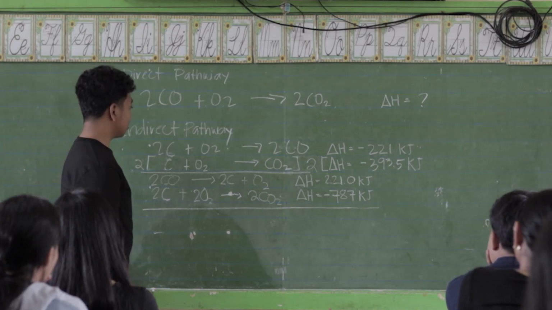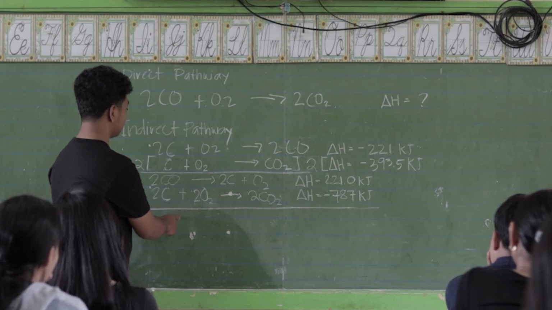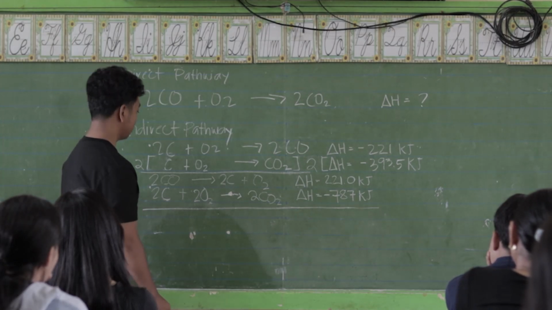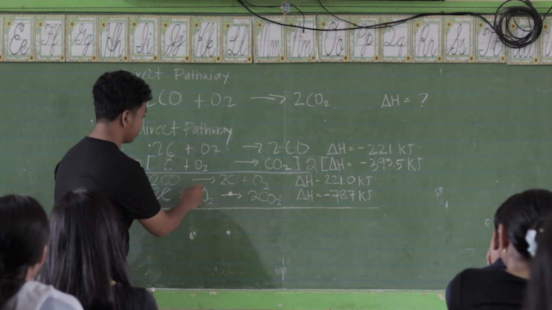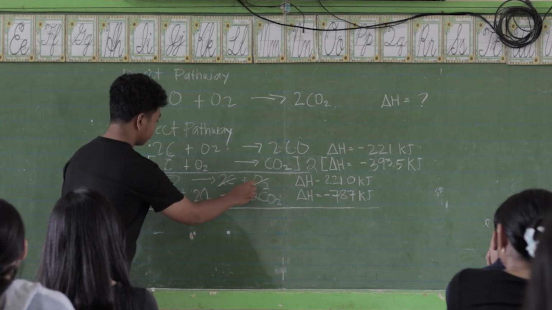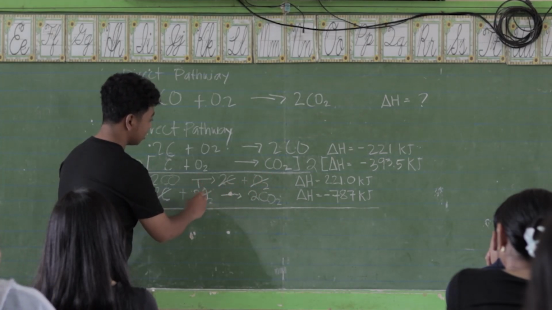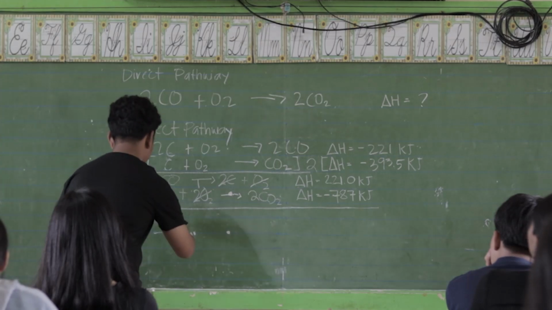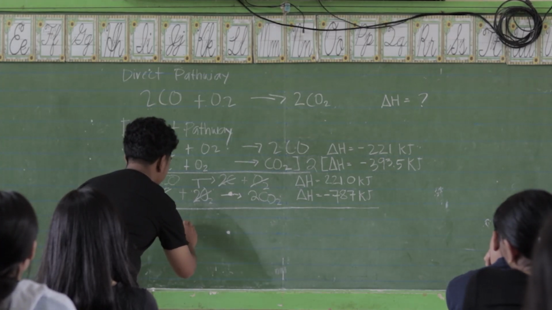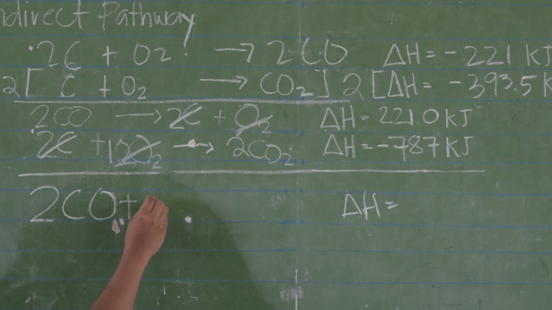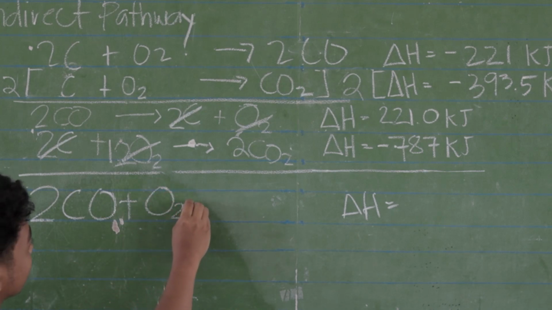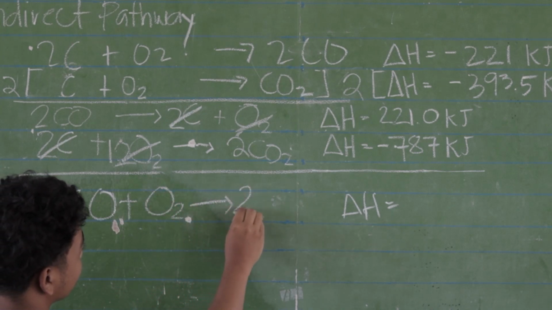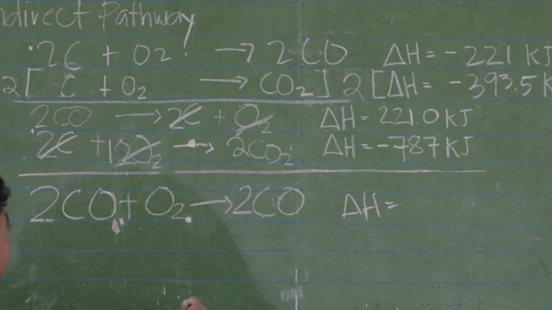Next, we need to cancel out the same elements in these equations in order to get the final equation. So we need to cancel the 2 carbon and 2 oxygen gas, and we can now get the final equation. It's 2 carbon monoxide plus oxygen gas yields 2 carbon dioxide.